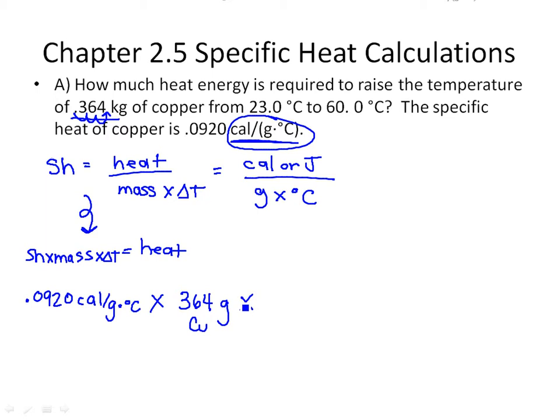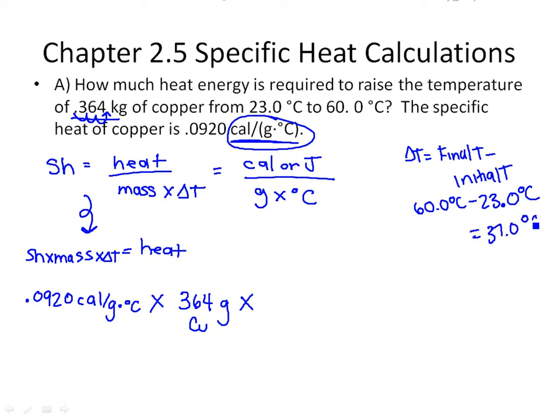Now we want to plug in the change of T. So we take final minus initial to get change of T equals final T minus initial T. So if we take 60.0 degrees C minus 23.0 degrees C, we're going to get 37.0 degrees C. So now we can plug that in here, and we should get 1,240 calories.